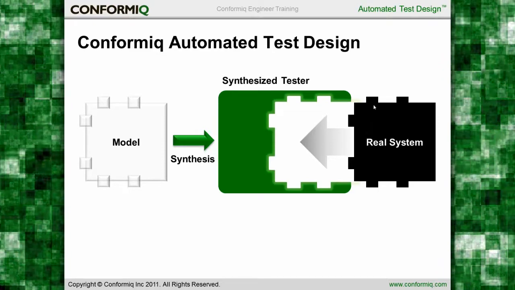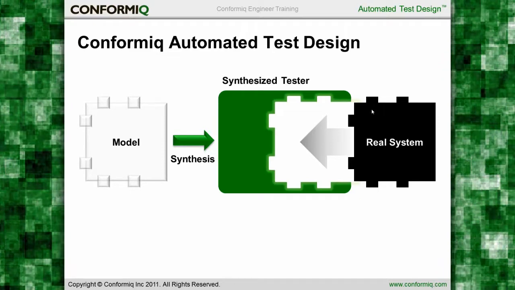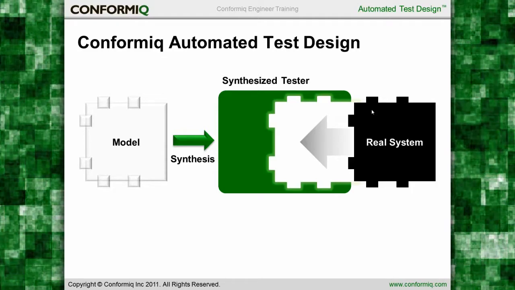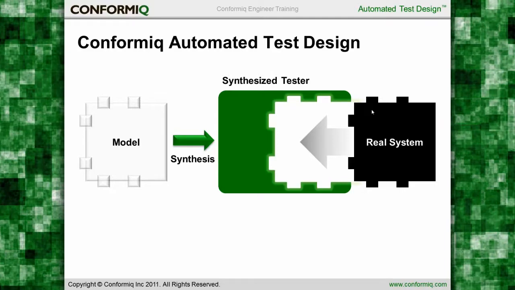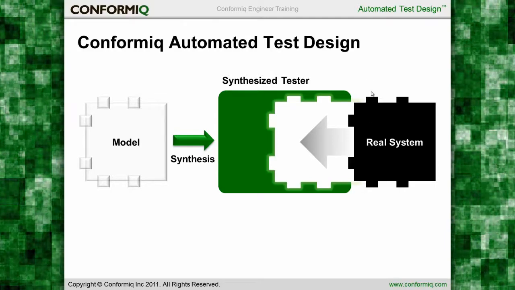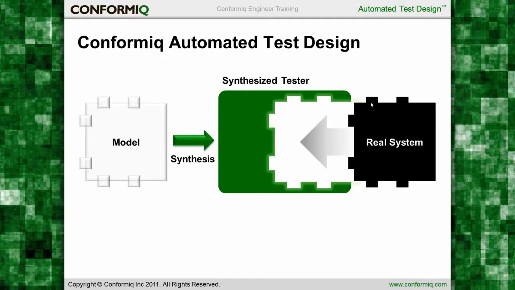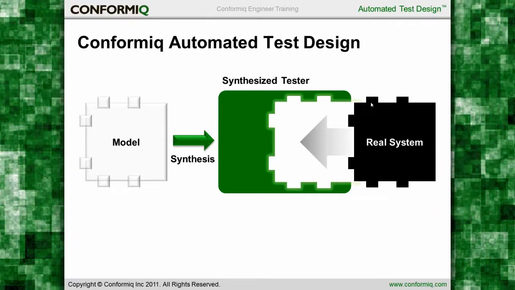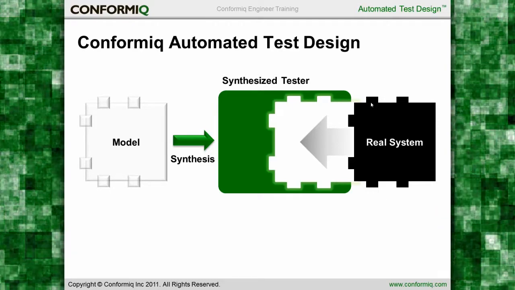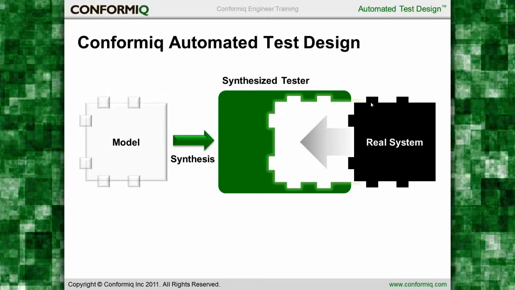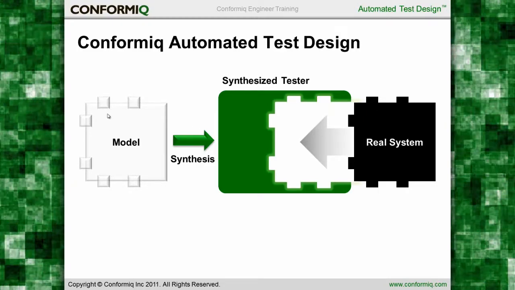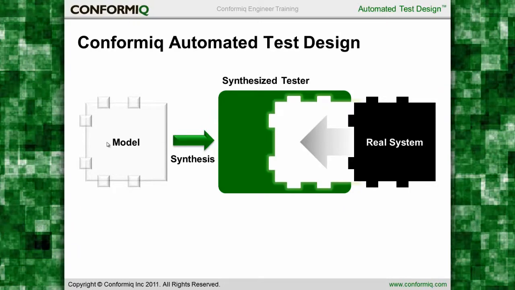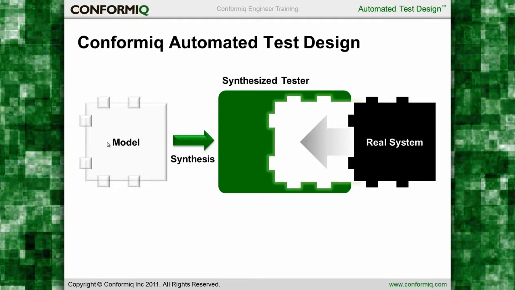These interfaces can be the user interface, or they can be an API, or the message-based protocol interface towards another protocol entity. Regardless of what kind of system you are testing and modeling, what you do in automated test design for Conformiq Designer is that you create a model of the system under test, and this model you should see as an abstract implementation of the real system.